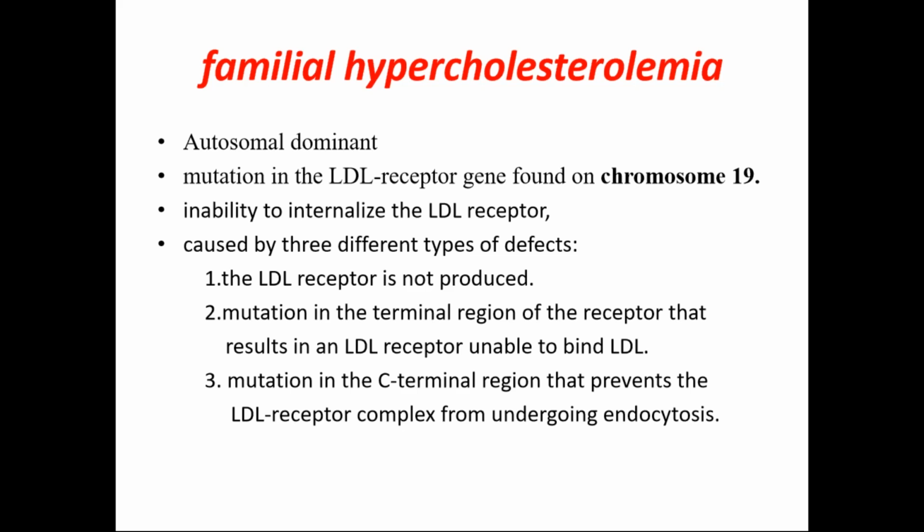Now coming to this condition, familial hypercholesterolemia is an autosomal dominant disease, and it occurs due to a mutation in the LDL receptor gene, which is found on chromosome number 19.